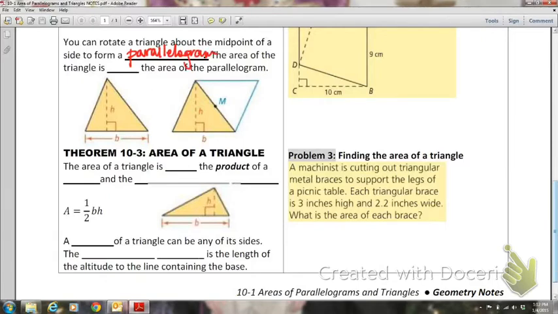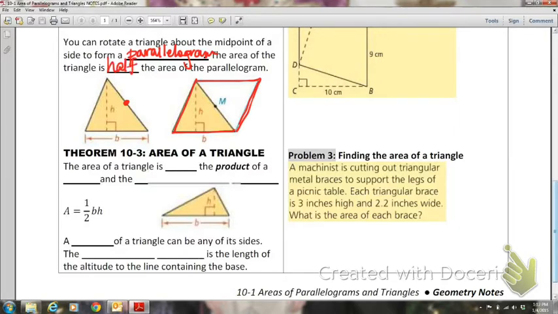So once again, if I took the midpoint of this side of this triangle and rotated it about that midpoint, then you're going to end up with a parallelogram. So this is where we get the formula for the area of a triangle, because a triangle is actually half of a parallelogram.